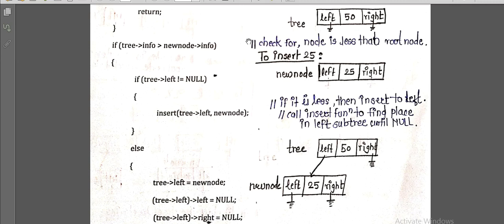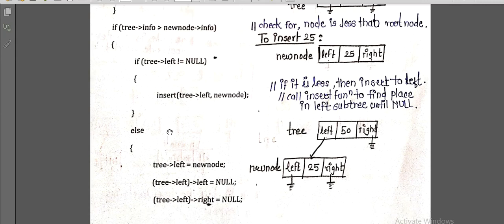So before inserting the 25 onto the left side, we have to check whether 50 has some elements on the left of it. So how are we going to check? If the tree of left is not equal to null, it means there are some elements present on the left side of that 50. If it is present, then we have to call the insert function with that left node and the new node.